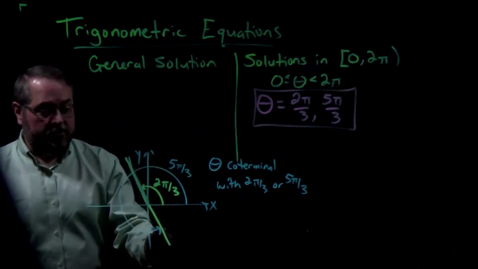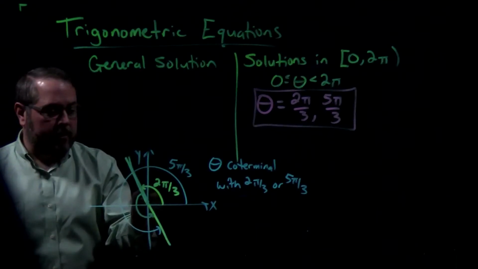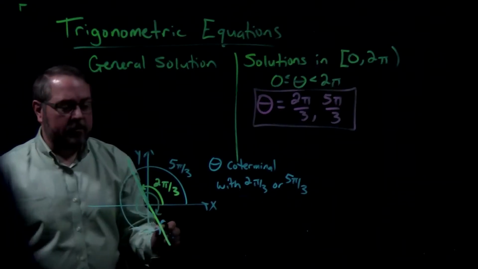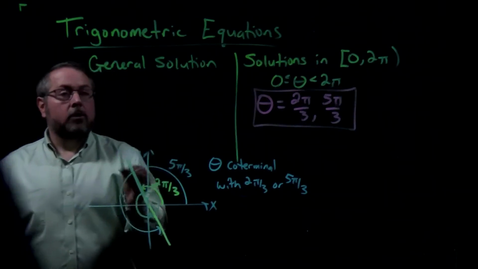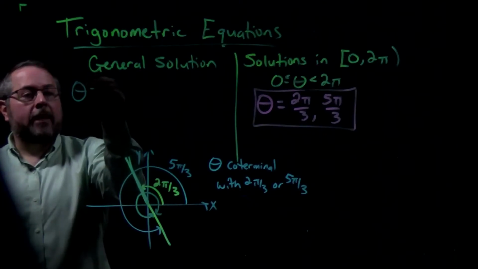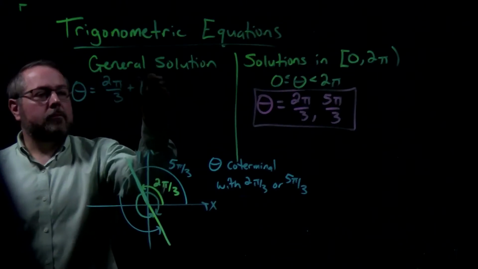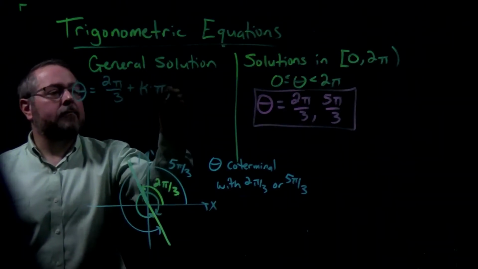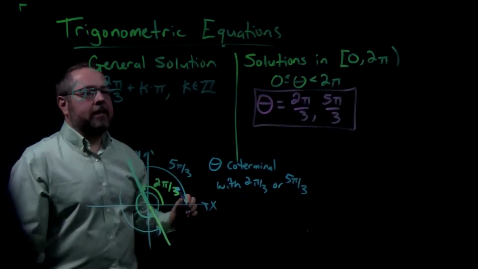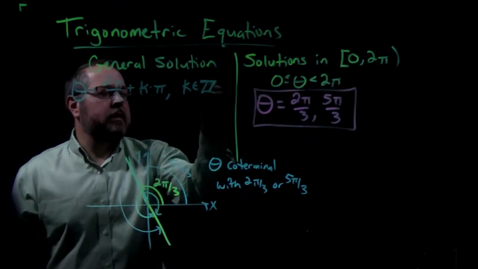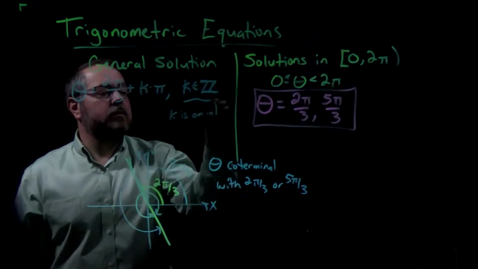Okay, so notice that these two solutions lie in a straight line. If you start at one and you turn either clockwise or counterclockwise pi radians, you're going to get to another solution, and so on and so forth. So we can say that our general solution looks like theta equals 2 pi over 3 plus k times pi, where k is an integer. And we will write it like this, k in this kind of funny looking double struck Z. So this just means k is an integer.